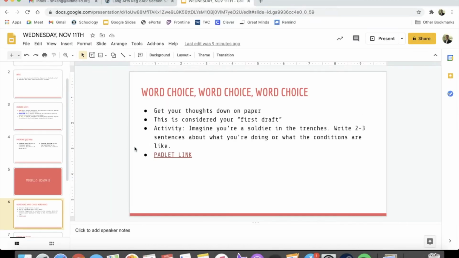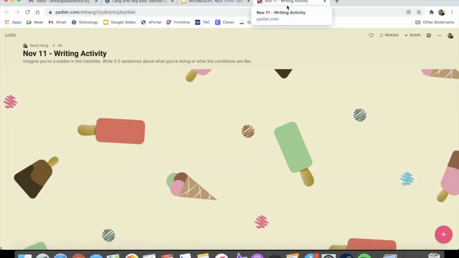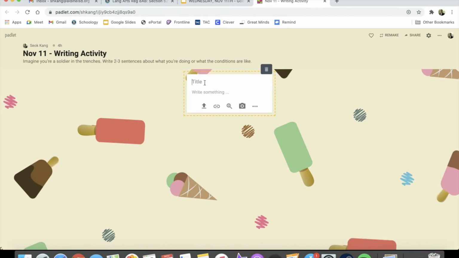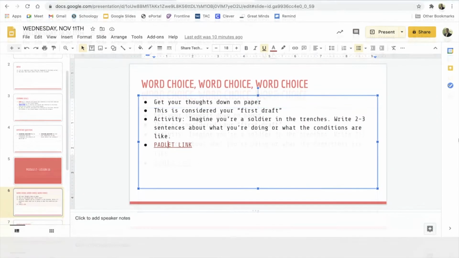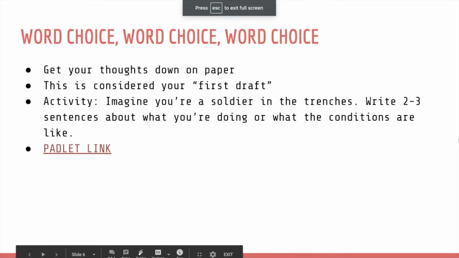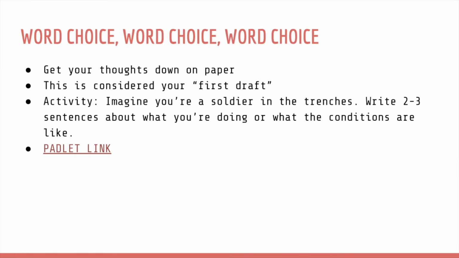What you're going to do is you're going to go into this Padlet right here, okay? And you're just going to put your name up top and just write 2 or 3 sentences of where you're the soldier, and it could be whatever you want, okay? Just get your thoughts down on paper. So I'm gonna give you all a couple minutes to do that, okay? And after you're done, come back to this video.